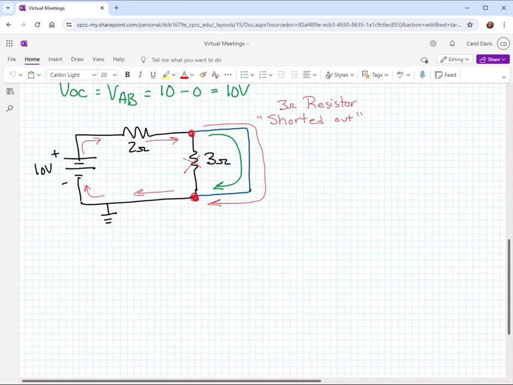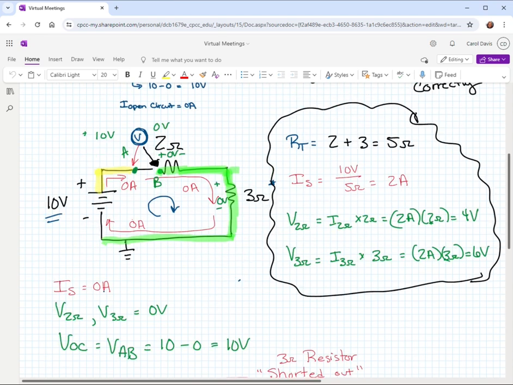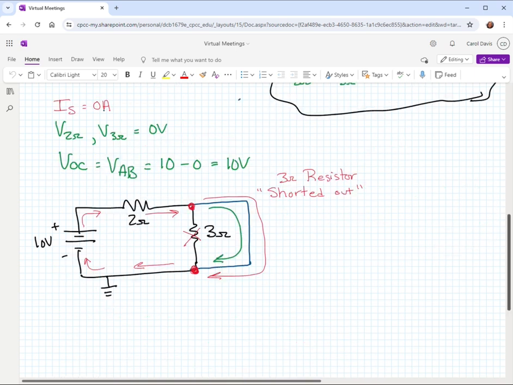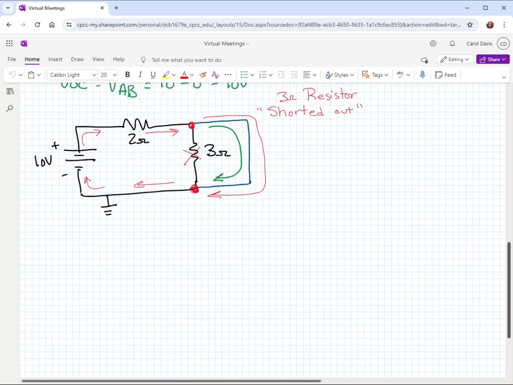Well, as we saw in the original circuit, if it were working properly, we would have a resistance of 5 ohms that would make our source current 2 amps. But in this case, we've shorted out the 3 ohm resistor, so the current is going to take the path through the 2 ohm resistor and skip over the 3 ohm resistor.